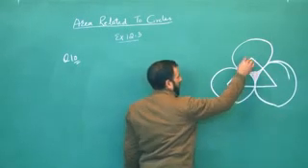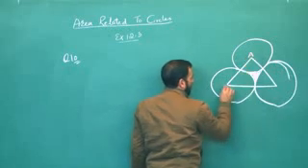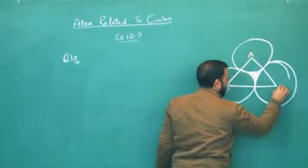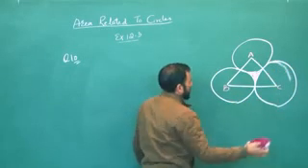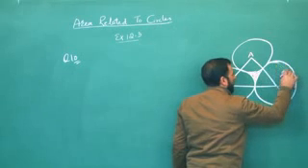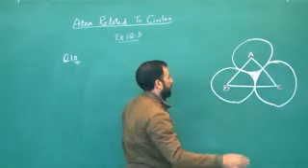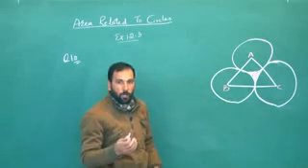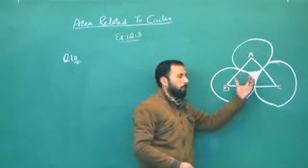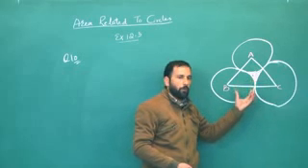So this triangle is A, B, and C. It is given in the question that the vertices of the equilateral triangle are the centers of the three circles A, B, and C. And the radius of each circle is equal to half of the side of the equilateral triangle.